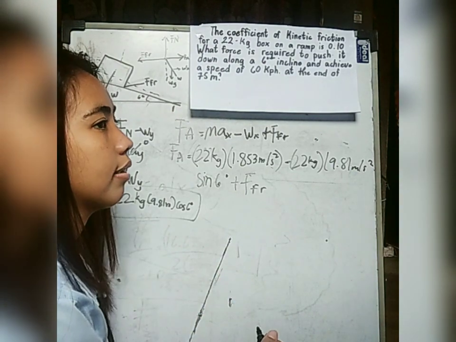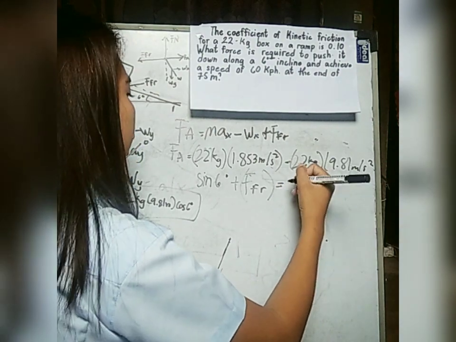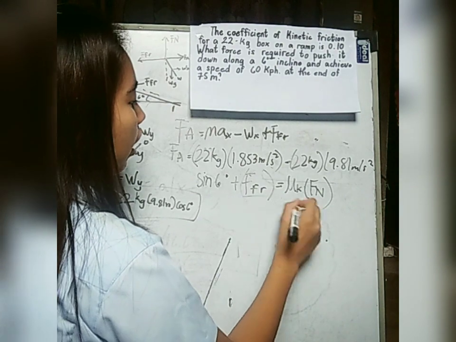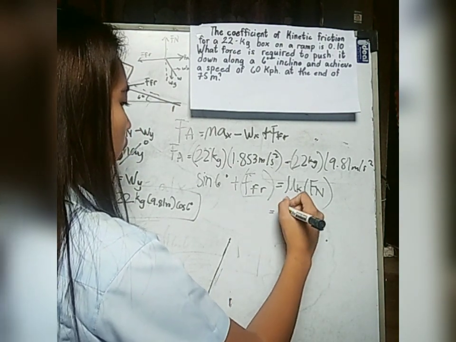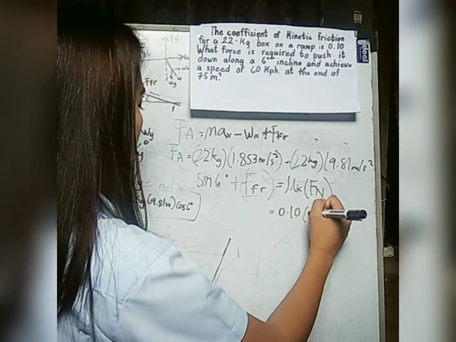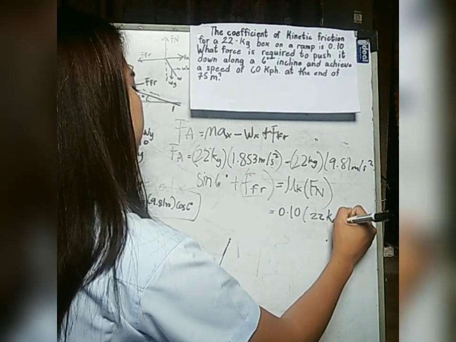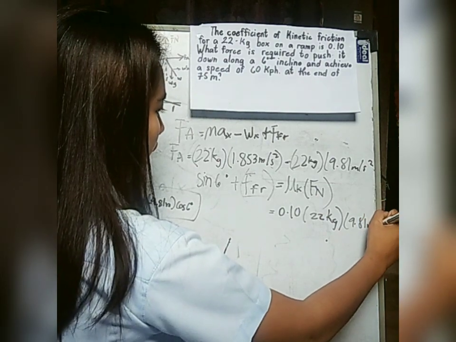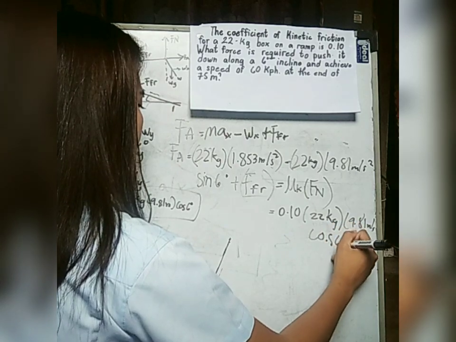Ang friction kasi, equal siya kay UK multiplied by normal force. Yan ang equal ng friction. So, friction now is equals to 0.10 multiplied by normal force, which is 22 kilogram multiplied by 9.81 meter per second squared cosine 6 degrees.